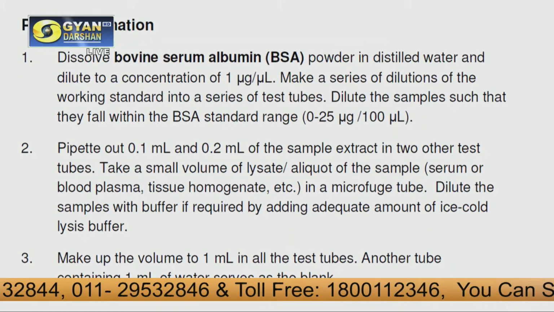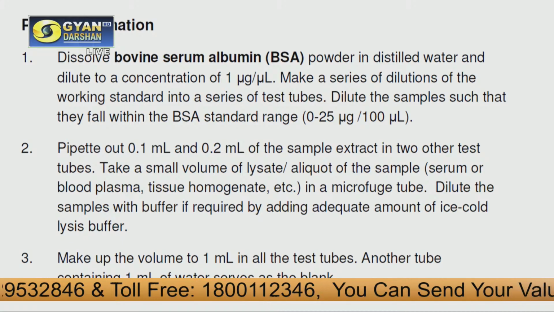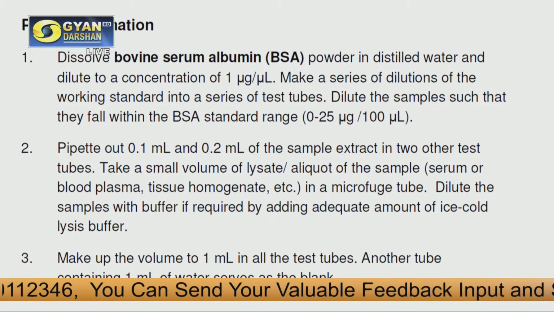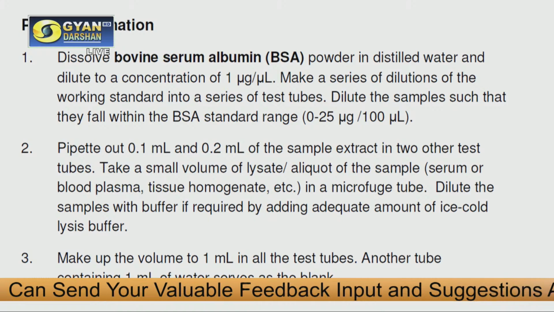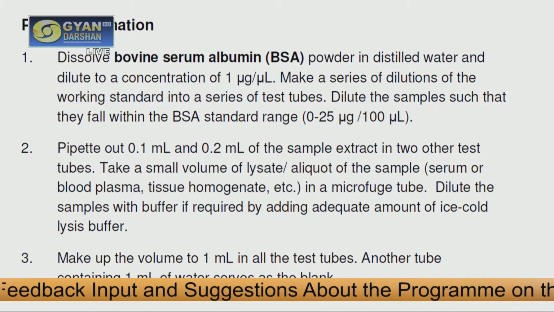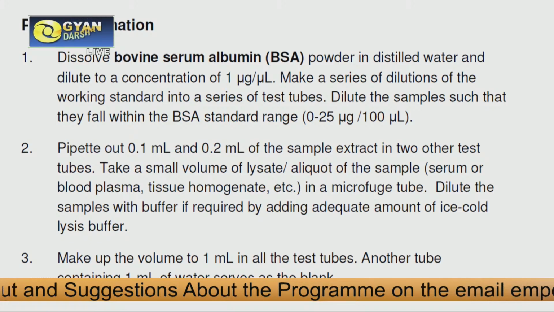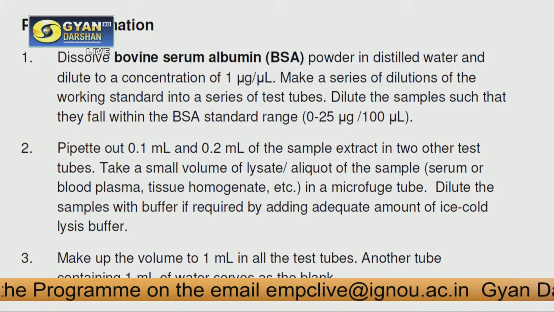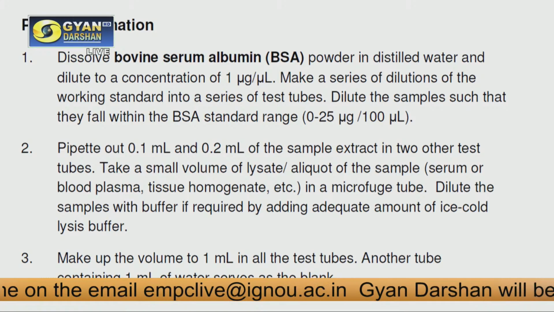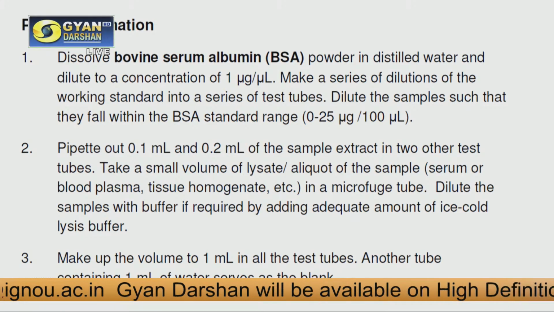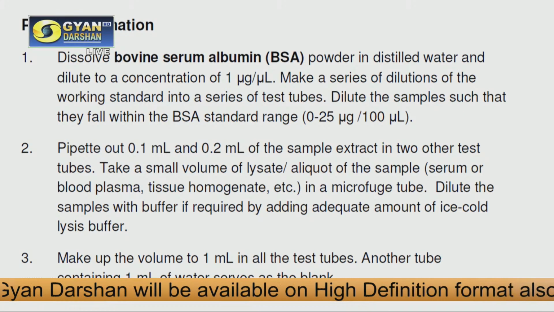First you have to prepare gradually increasing concentrations of bovine serum albumin and prepare a standard curve based on the BSA estimation. Then the protein content in your sample has to be compared with respect to this standard that you have prepared.